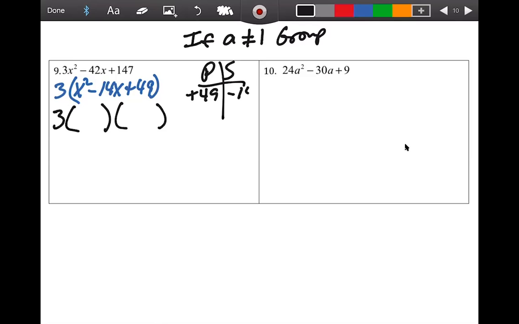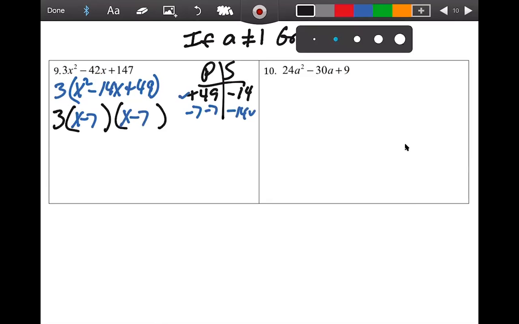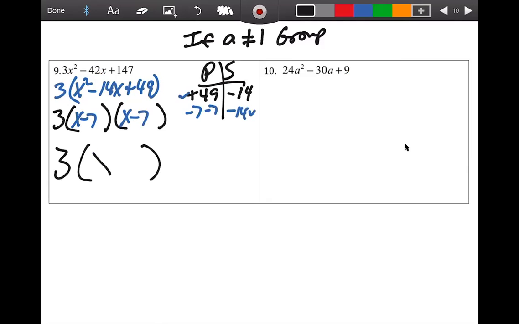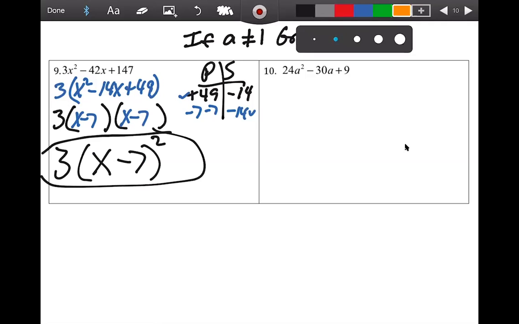My sum is negative 14. Well, 49 is either 1 times 49 or 7 times 7. Obviously we're going to have to do the 7. Negative 7 times negative 7 is 49, yes, and they add to negative 14, yes. So I got x minus 7, x minus 7. And because I've got x minus 7 multiplied by itself, I can rewrite that as x minus 7 squared. Lovely.